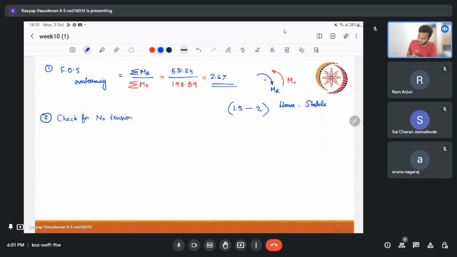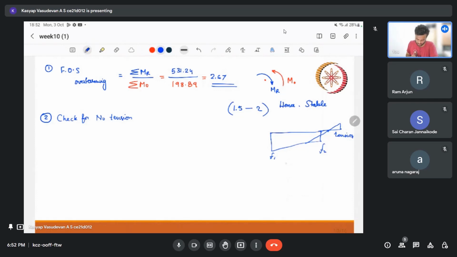So the idea is we will have two different stress values, F1 and F2, and F2, the smaller value, should never be less than 0. It should not be a value which will cause tension. If it is negative, it will be tension.